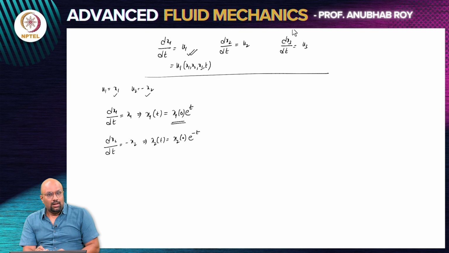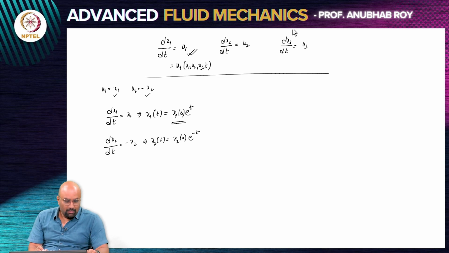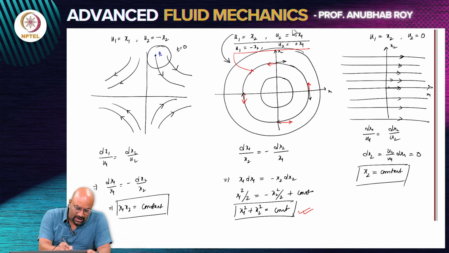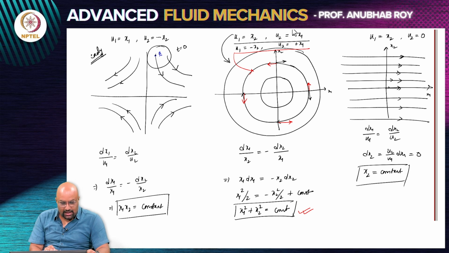Now, we have solved what the coordinates are. But going back to the previous point that we had, if it starts off from this blue dot, where would it actually be? Now, this velocity field that I have chosen is a steady velocity field, which means that the streamline pattern doesn't change with time.